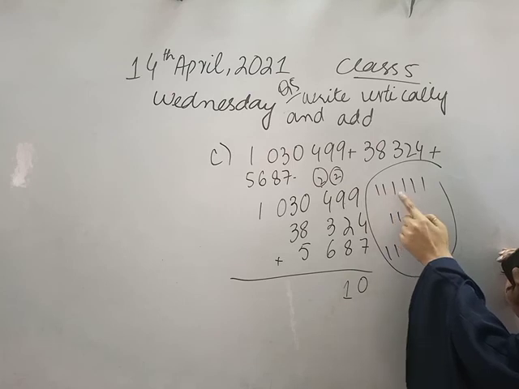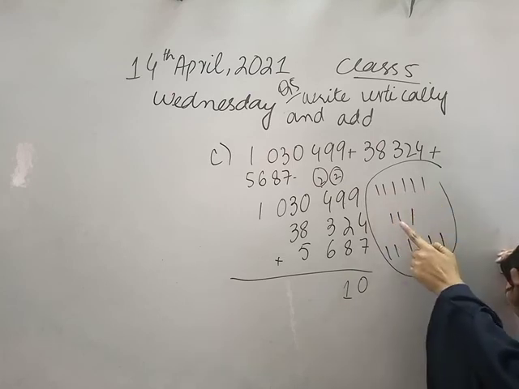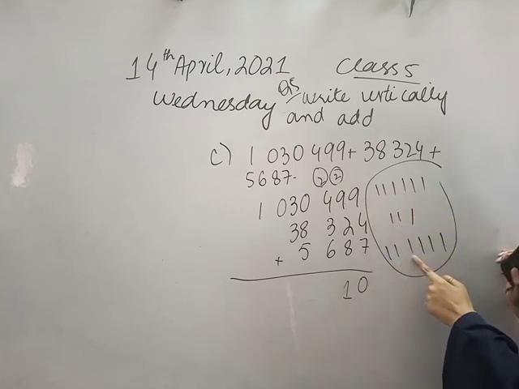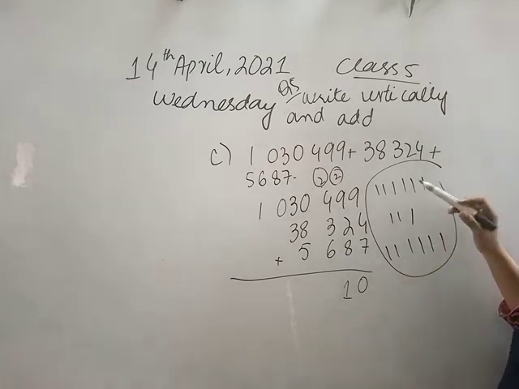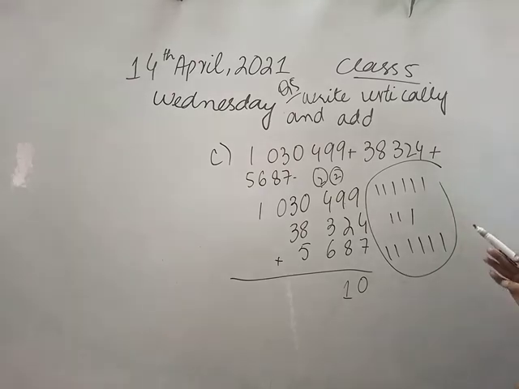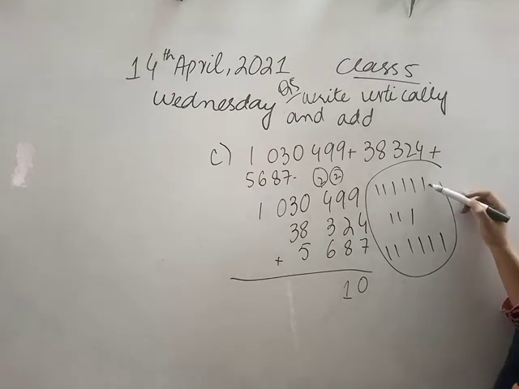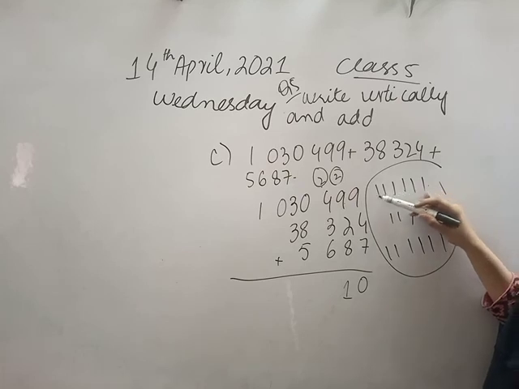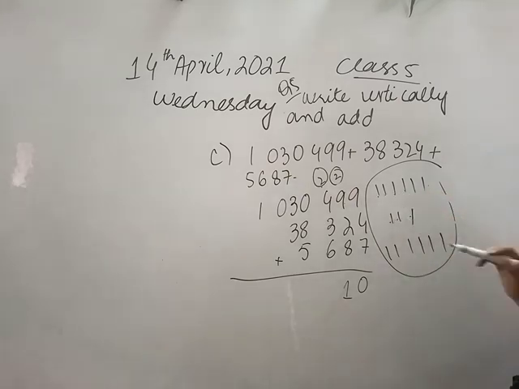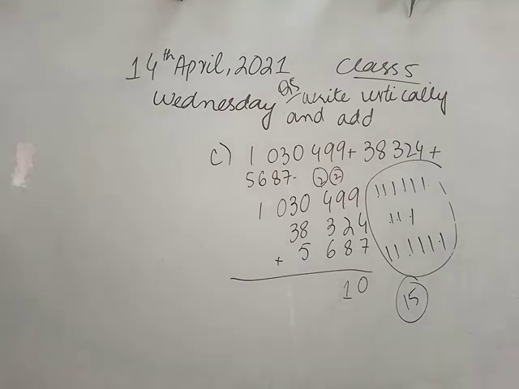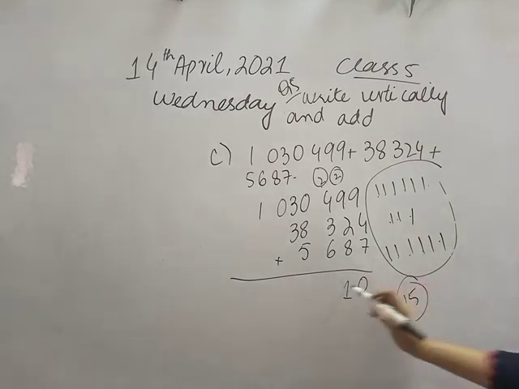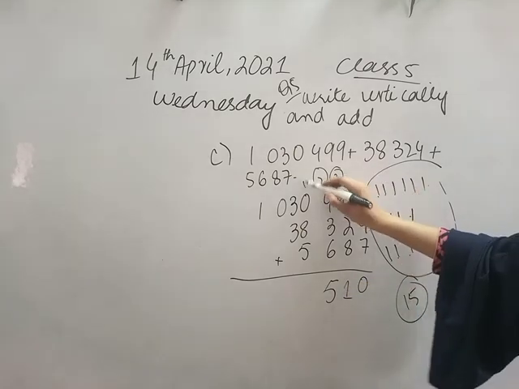So in total 15. 2 digit number, class? 2 digit number. Okay. 5 and 1 as a carry.